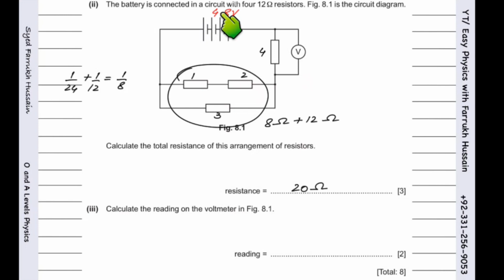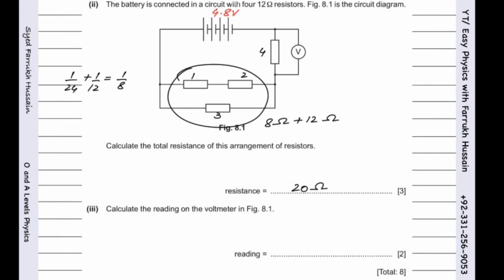No, 4.8 is the voltage of the whole circuit, right? You have to find the voltmeter reading, which means the voltage across this resistor. So you divide by 12? But the resistance for resistor 4 is 12.